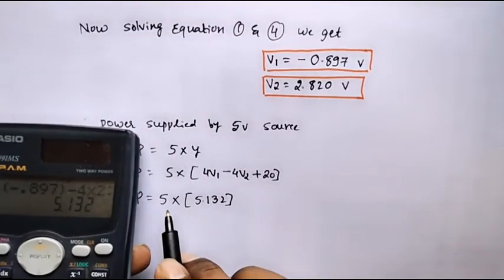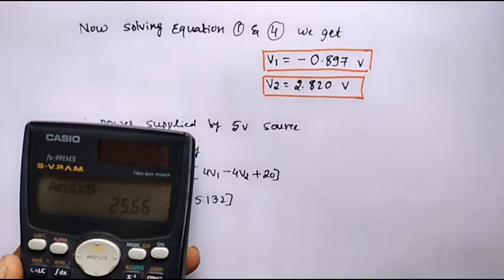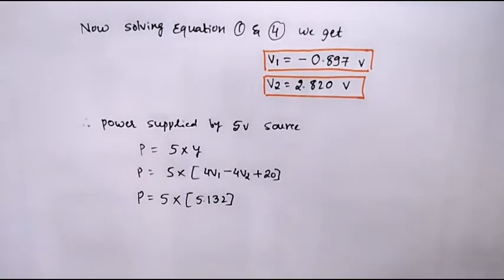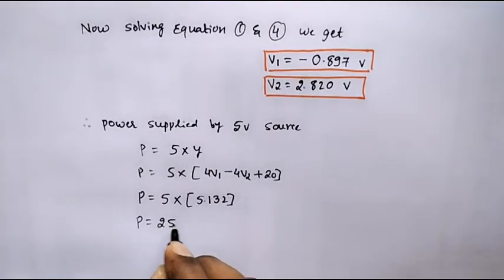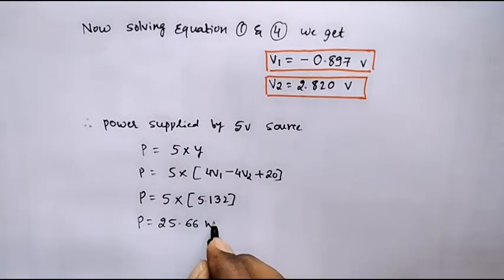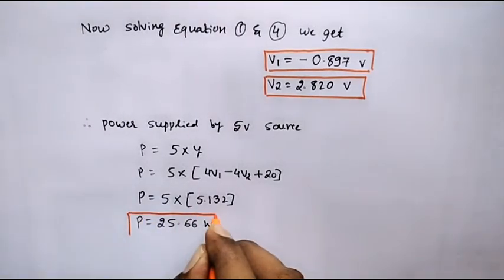It is multiplied by 5, it gives 25.66. Therefore P is equal to 25.66 watts is the power supplied by 5 volt voltage source in the given circuit.